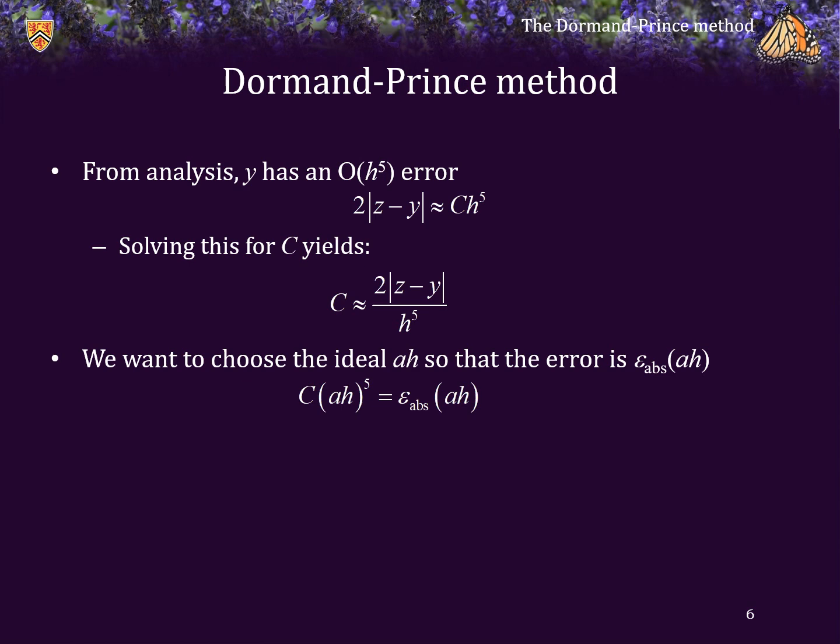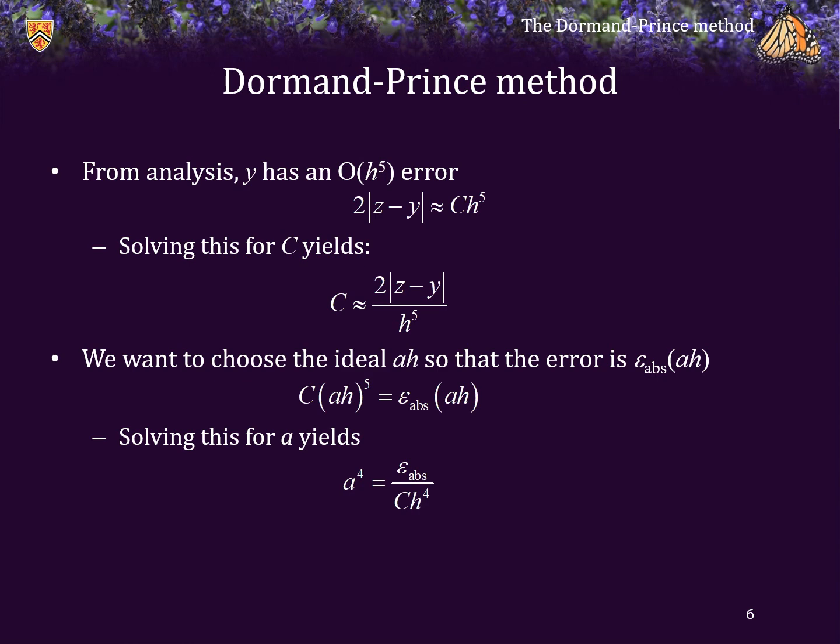So basically we want to find the correct value of a such that these two values are equal. We want the error caused by the current step to be no more and no less than the error we are willing to tolerate for an interval of width a times h.